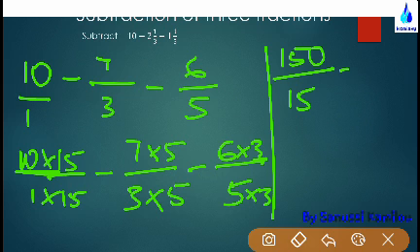Minus 7 times 5 will give us what? 35. So 35 over 15 minus 6 times 3.